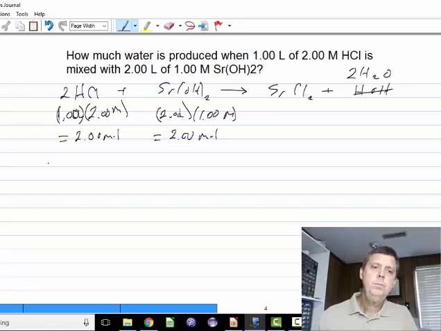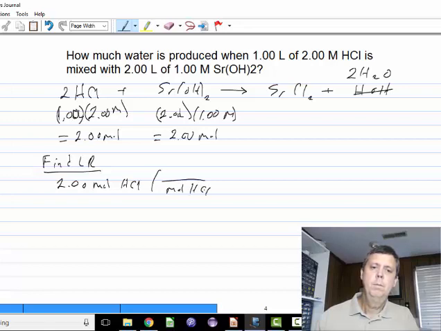So of course, find our limiting reactant. I need to use proper significant figures. 2 moles of HCl. Moles of HCl to moles of water is a 1-to-1 ratio, or 2-to-2 ratio. Same thing. So this, if it fully reacts, would produce 2.00 moles of H2O.